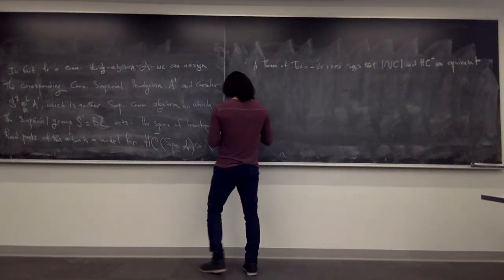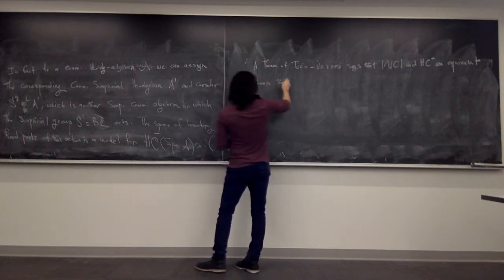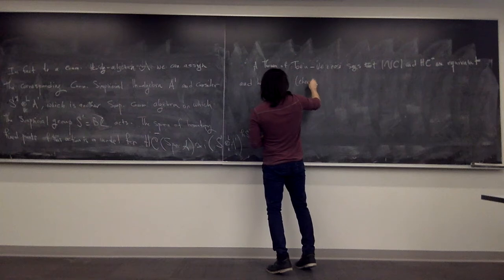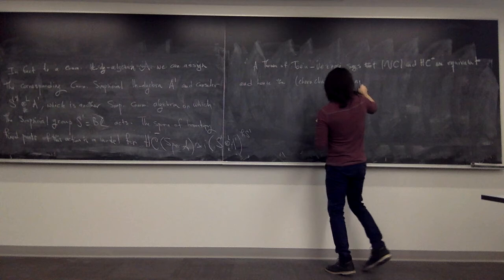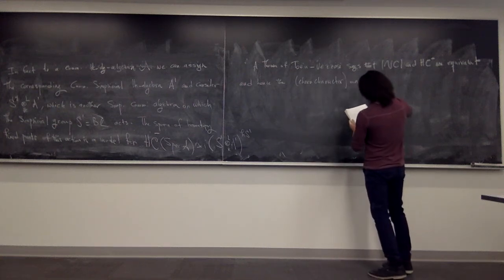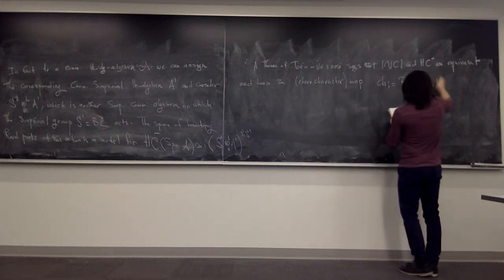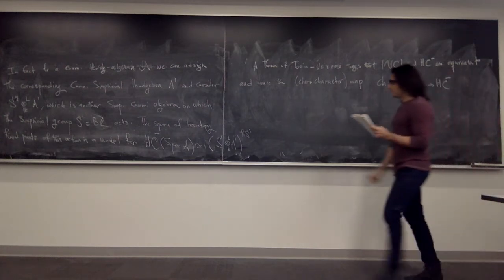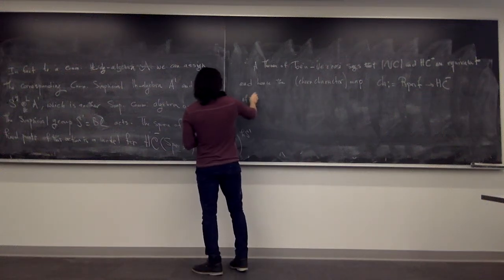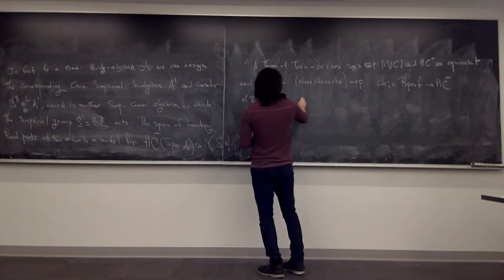And hence the Chern character map, so I define it as the map from R perf to AC negative of the universal complex.